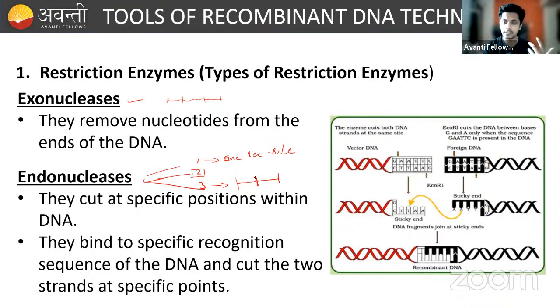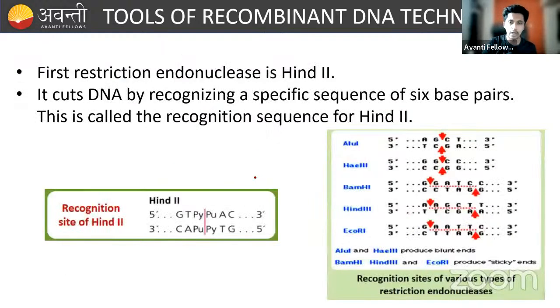When we are doing genetic engineering, we don't want any unwanted nucleotides. We want it very, very precise. That precision comes with type 2 restriction enzymes. Type 2 restriction enzymes bind to very specific recognition sequences and cleave at two points on the DNA strand. That is why they are highly applicable in recombinant DNA technology.